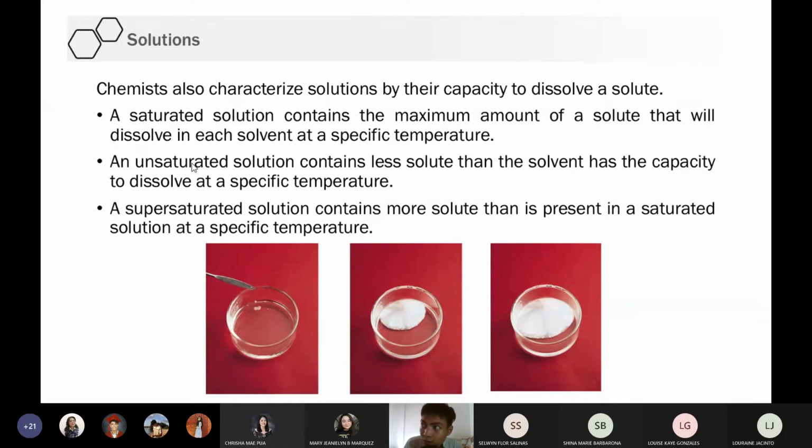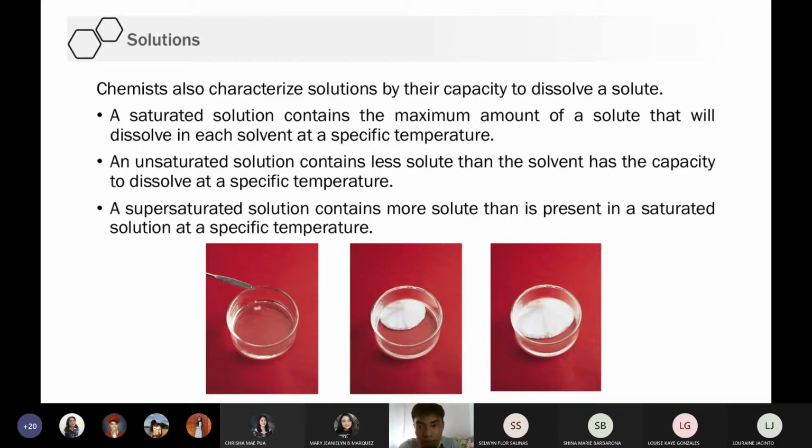From the word itself, when we say unsaturated, that means the amount of solute present in your solution is less than the capacity of the solution to dissolve. Each solvent has its own capacity, up to how much solute it can dissolve.